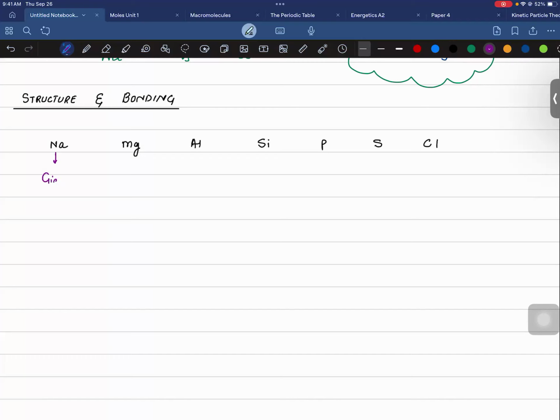And the metals all the way up to aluminium, what type of bonding do they have? Metallic bonding. Exactly. Good.